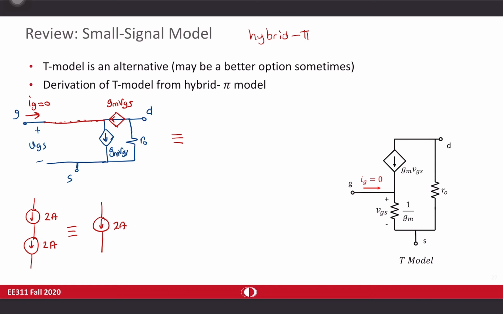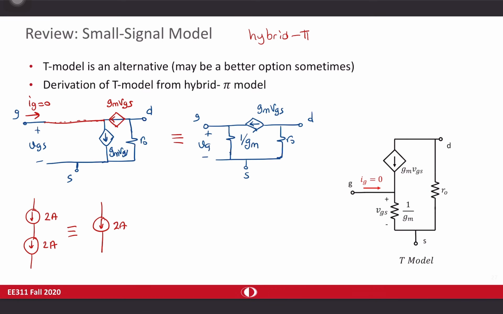Let me show it very quickly. So I'm going to put, again, gate is here. I'm going to add 1 over GM resistance in here. This is my source. There is R0. Here I have GM VGS.